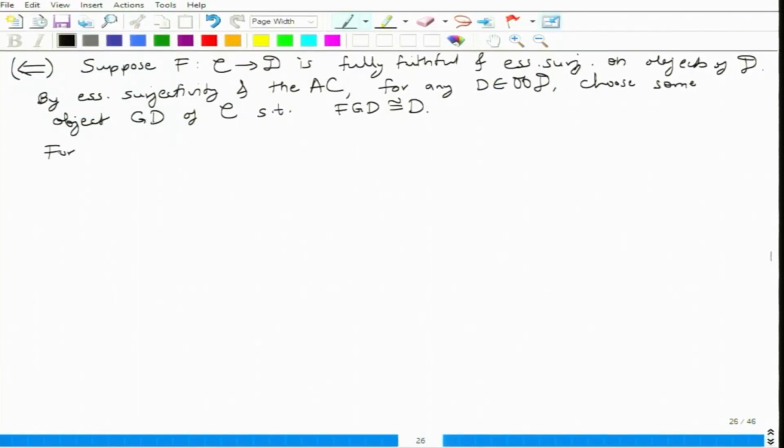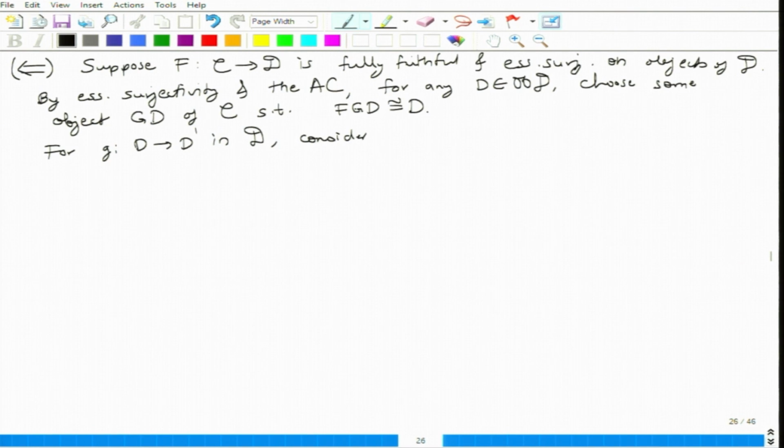So for g from D to D dash in D, what can we do? Maybe this is isomorphic.